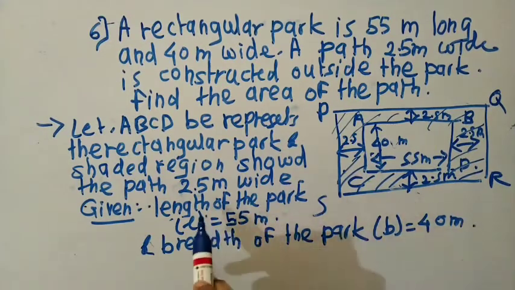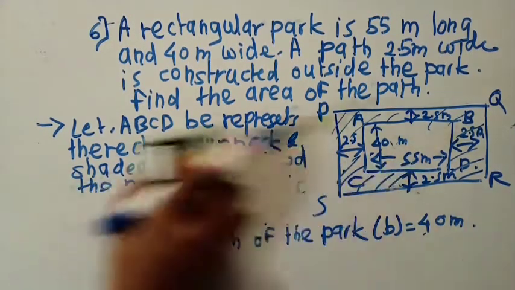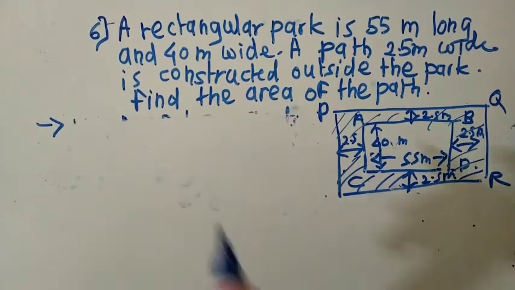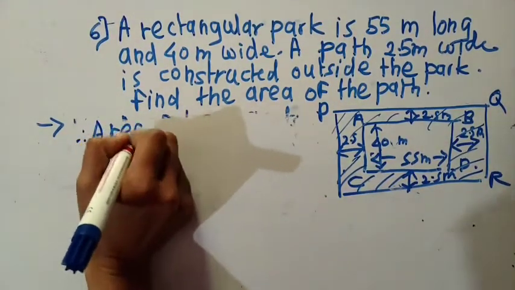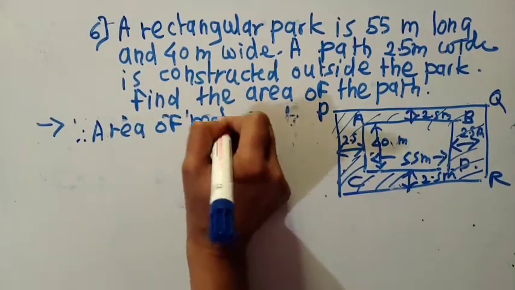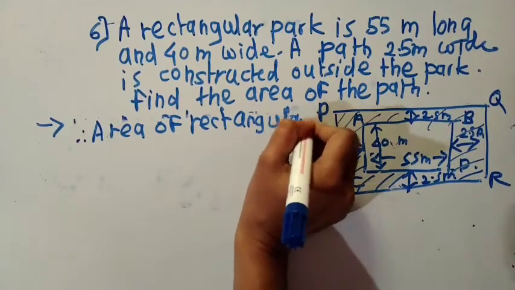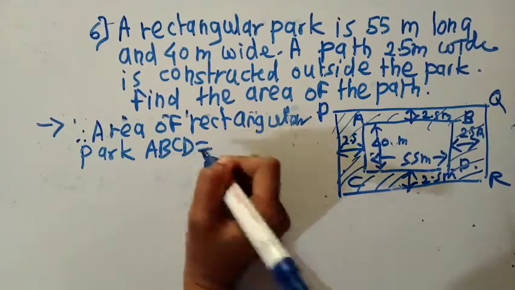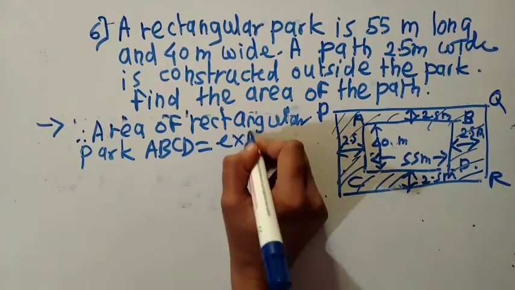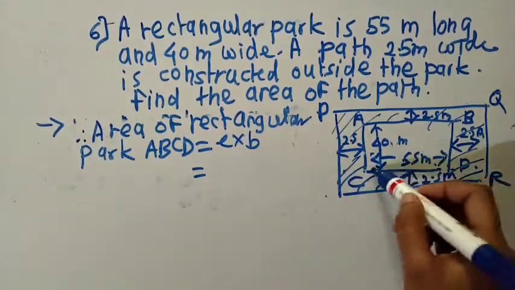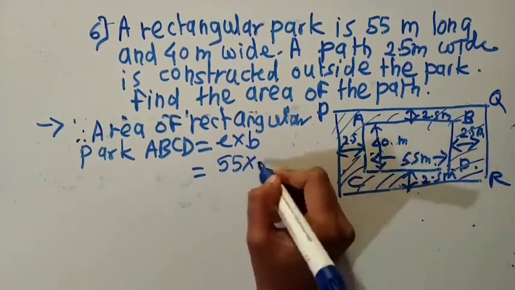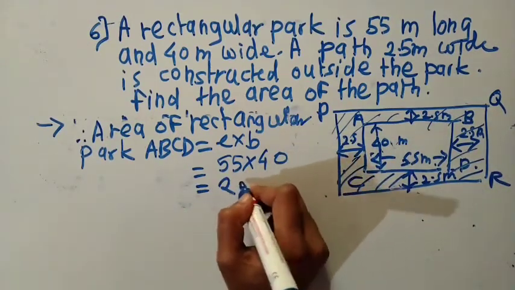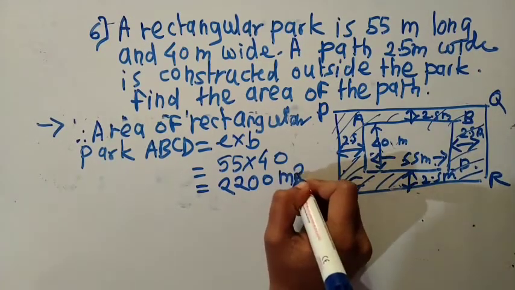Then area is L into B. Hence area of rectangular park ABCD is equal to length into breadth, which is 55 into 40, equal to 2200 meter square.